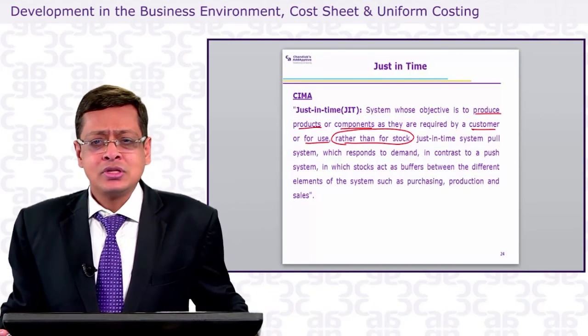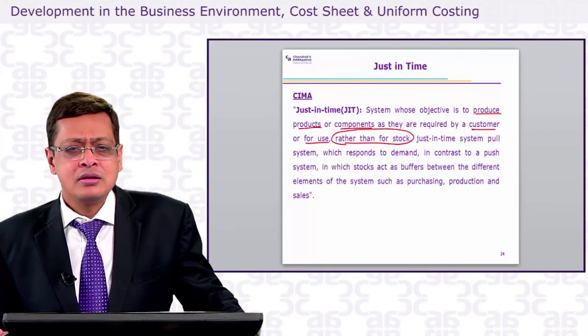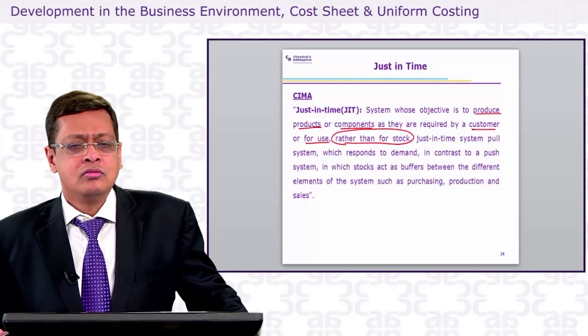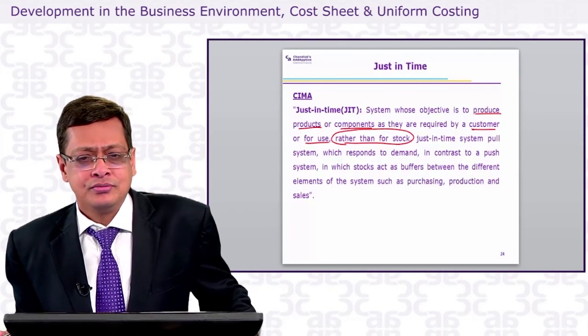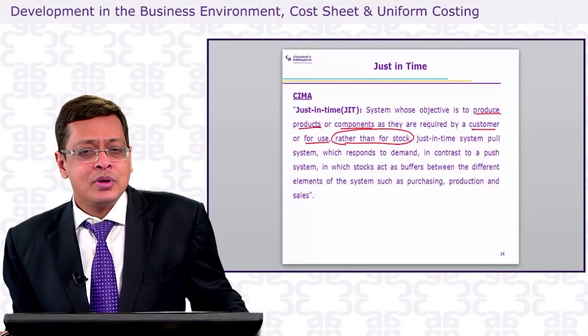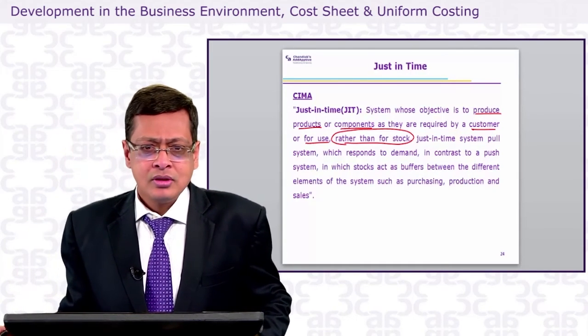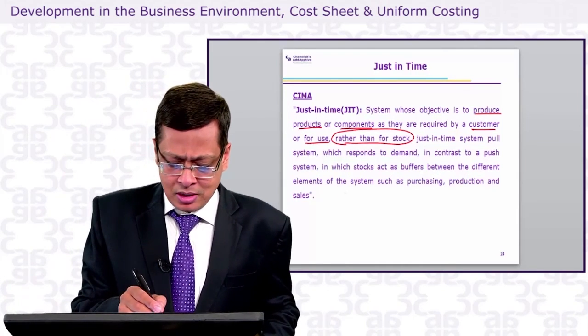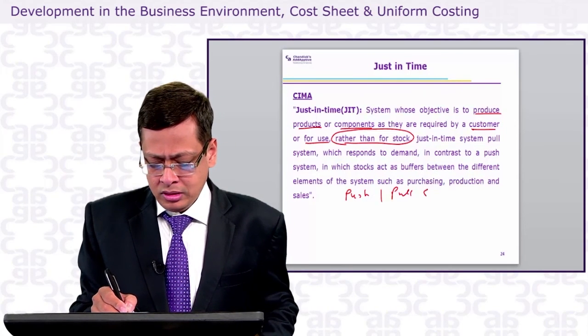So just in time is a pull system which responds to demand, in contrast to a push system in which stock acts as a buffer between different elements of the system like purchase, production and sales. So what does this mean? A very important word which is coming is push and pull system.